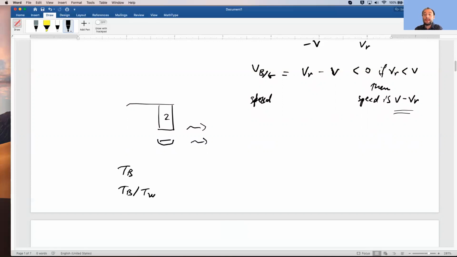And I'm giving even a further advice, which is to plot that ratio versus, for instance, you can plot it versus v at some fixed vr, or even better, you can plot it versus the ratio of vr over v.